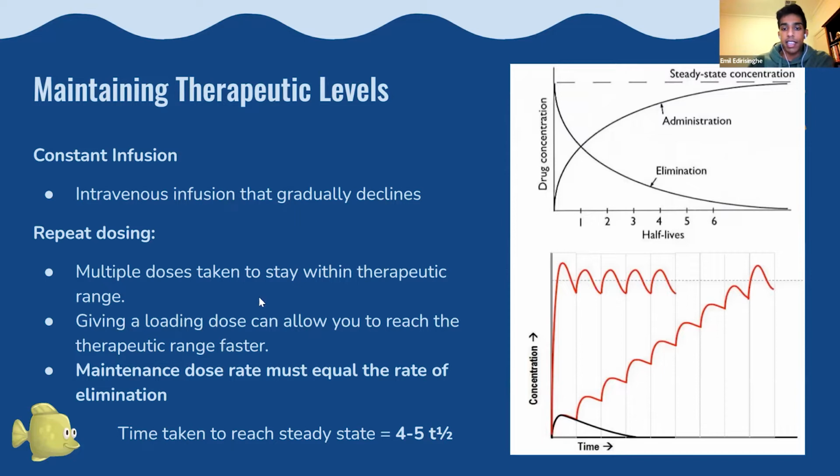However, giving a loading dose, which is the example on the left in the diagram, allows you to reach the therapeutic range much faster. Then the maintenance dose allows you to stay within the therapeutic range. This allows you to reach steady state much faster than you would otherwise. And the time taken to reach steady state is usually 4 to 5 half-lives.